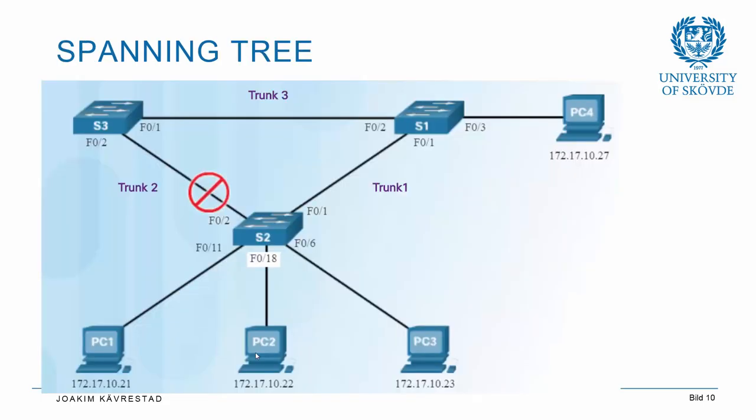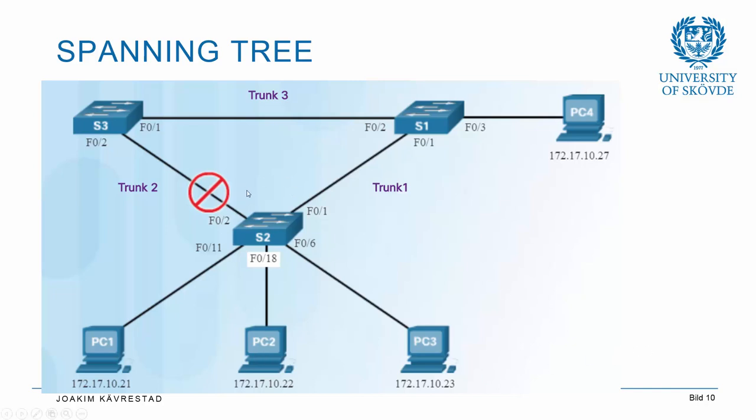So, moving on to something completely else that is very complicated to discuss in one picture: spanning tree. But I just want to show you this picture because something that you do when you build a switch network is that you try to implement redundancy.